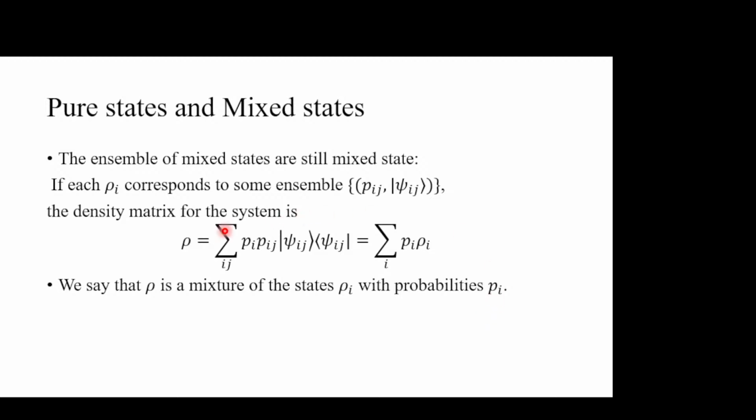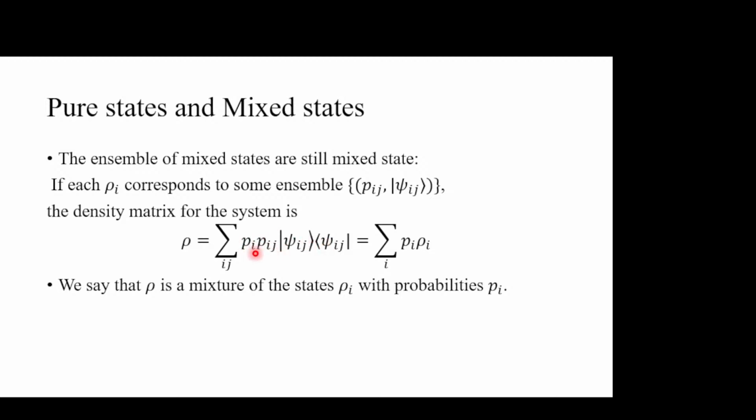Then we want to see what the density matrix of this final mixture is. Once again we use the chain rule of probability. The probability of you actually getting state psi_ij is going to be p_i times p_ij. So it's going to be the sum over i and j of psi_ij with probability p_i times p_ij.